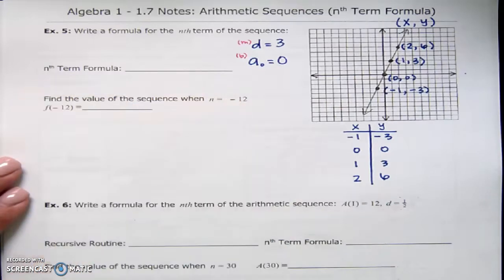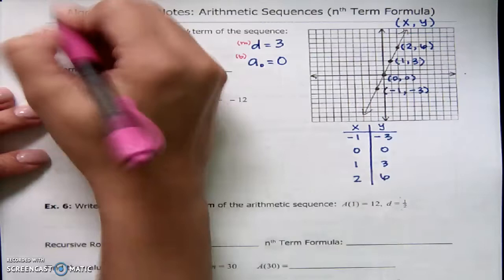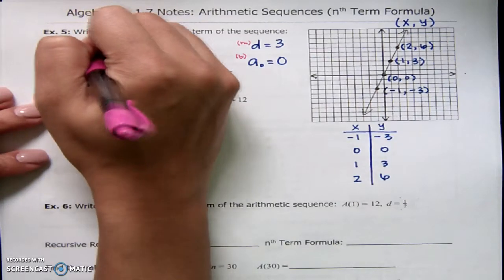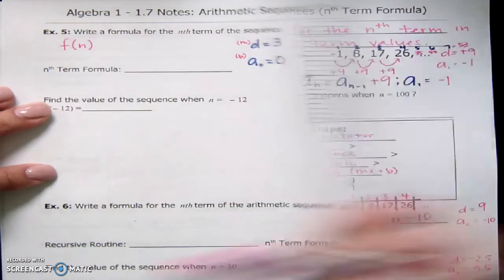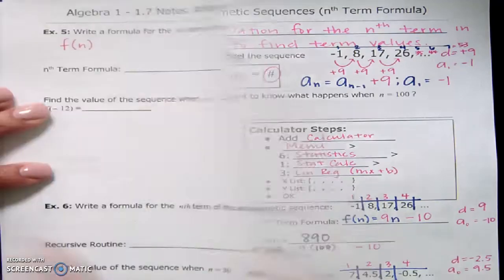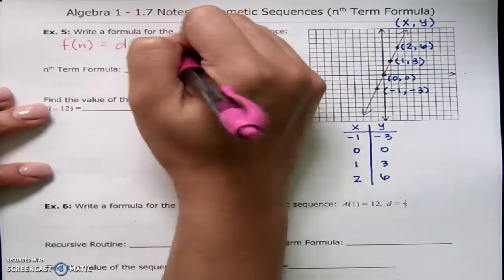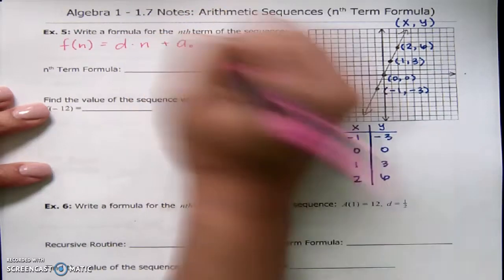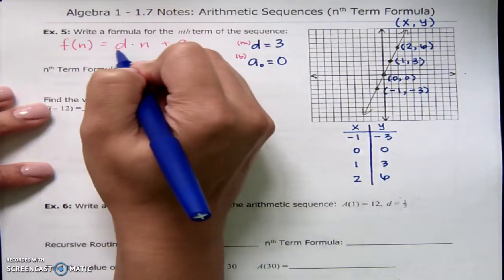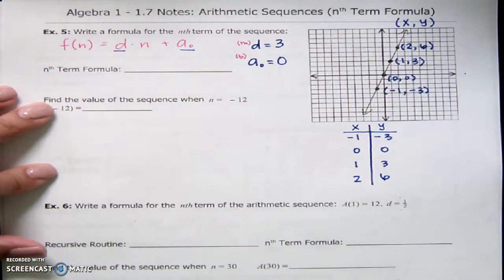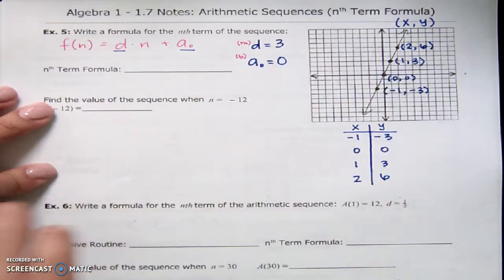Then I just use that to write my equation, which was f of n. This is just copied from the other page. Equals D times n plus a sub 0. And when you have this, D and a sub 0 are what we replace. And those are the two things we found here.